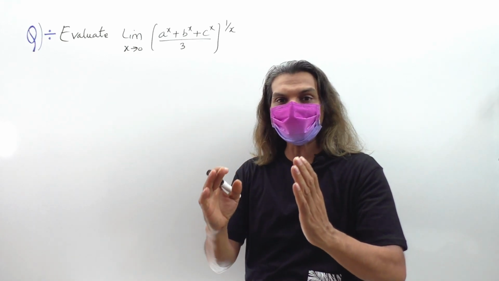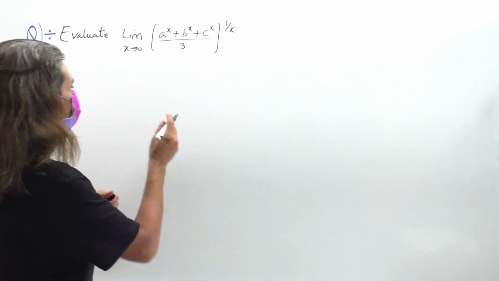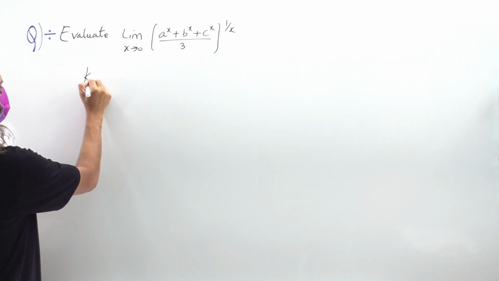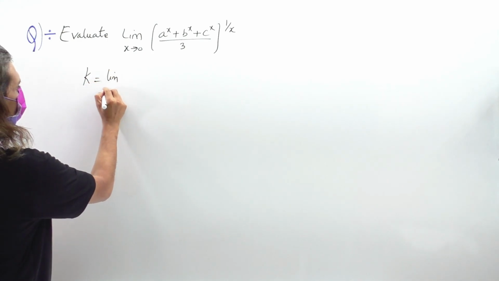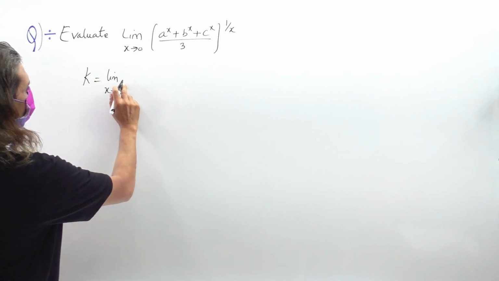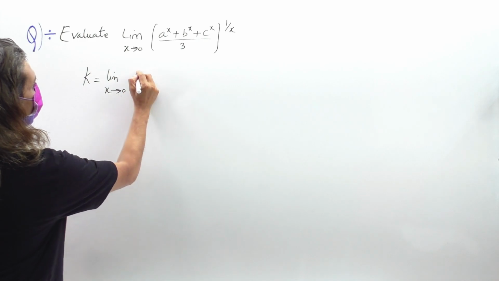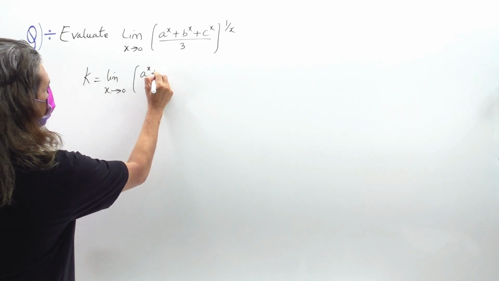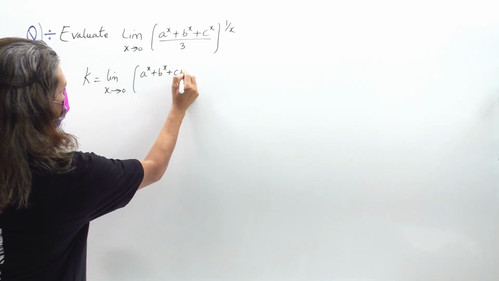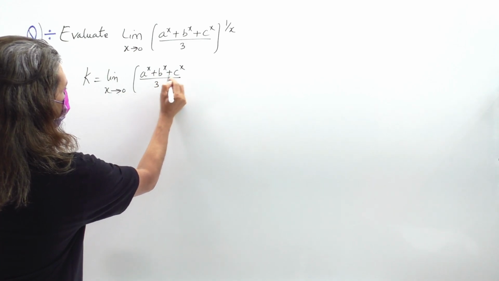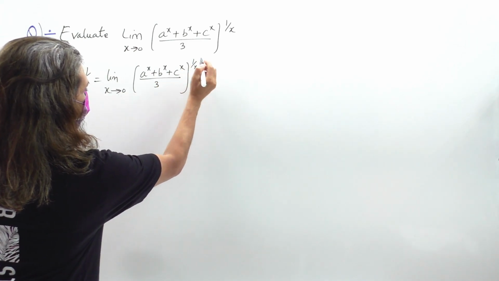So the first thing to do, always assign k is equal to. Okay, so let's begin. k is equal to limit as x tending to 0 of (a raised to x plus b raised to x plus c raised to x upon 3) whole raised to 1 by x.